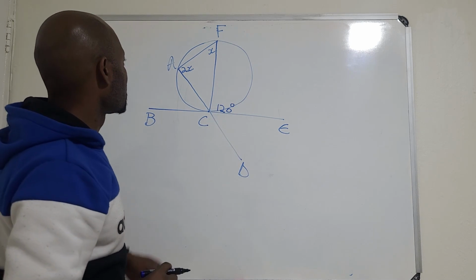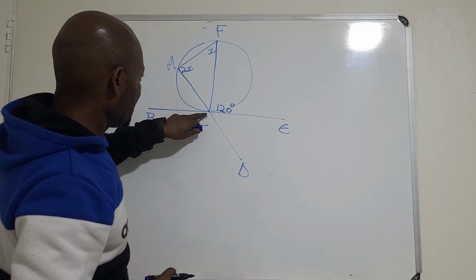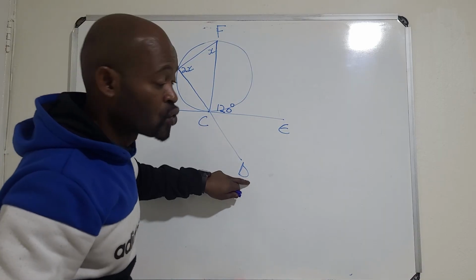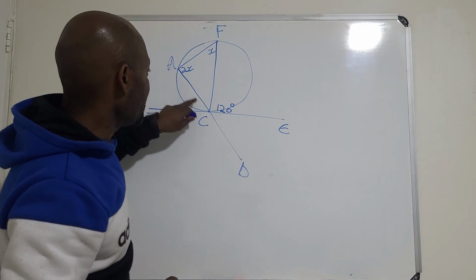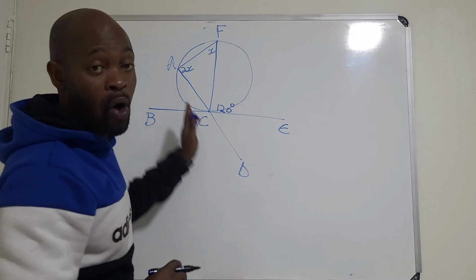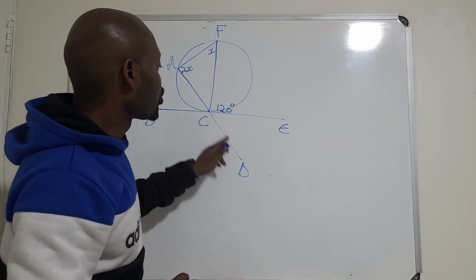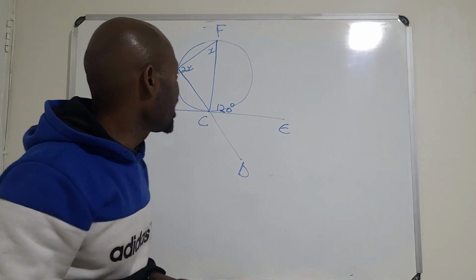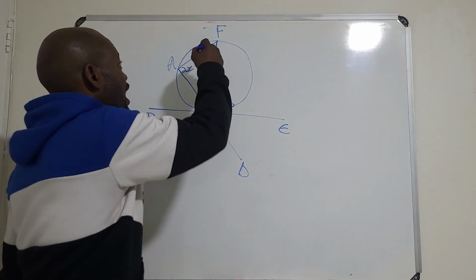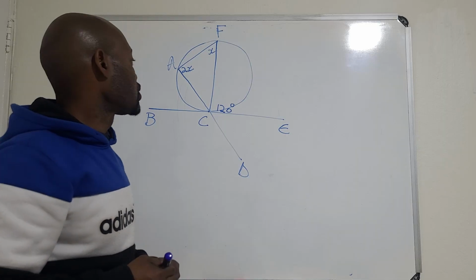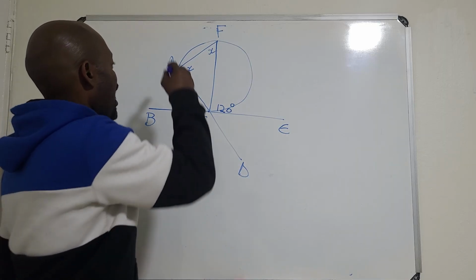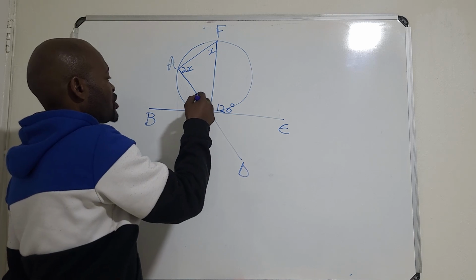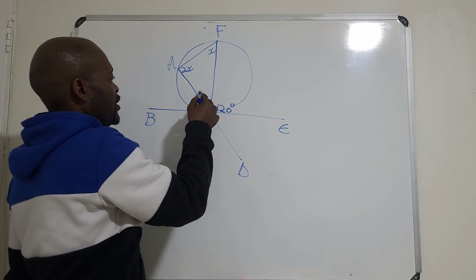We are also told that AC is a chord of the circle produced to D. Now they said we must calculate the numerical value of x. They also said we must find angle ACB, which is this angle there. We must also find this angle there.